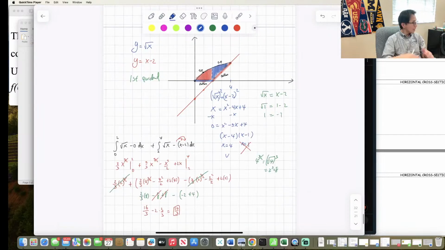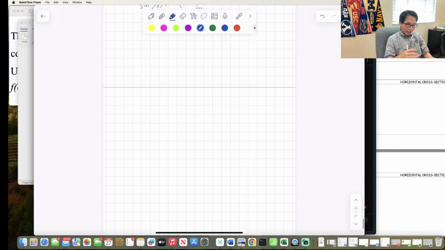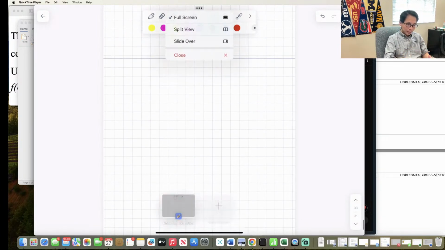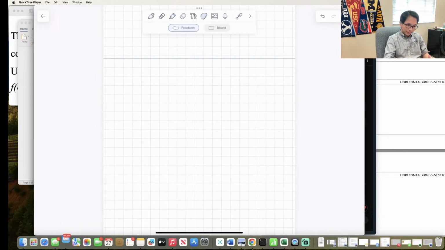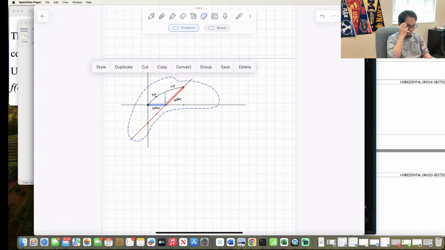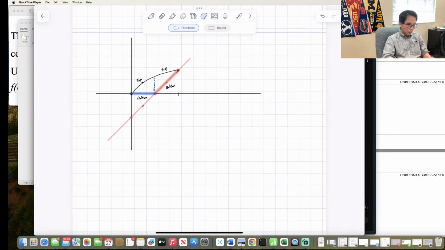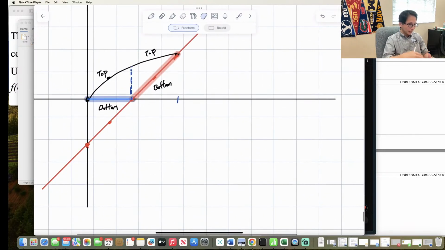Look how much work that is. So much work, right? So is there any way I can do it more efficiently? Let's look at this. I have this question. I say, how about I do a horizontal orientation?